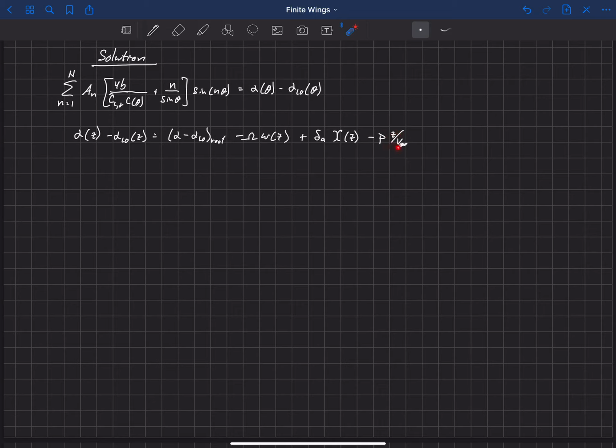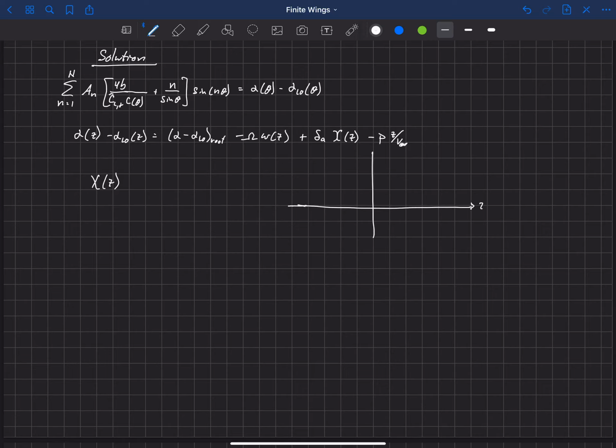Okay, so let's look at this term here, this chi of z, and see if we can write an equation for chi of z. And we're going to do that by looking at this aileron distribution on a wing.